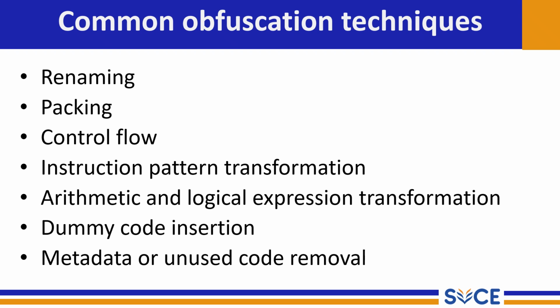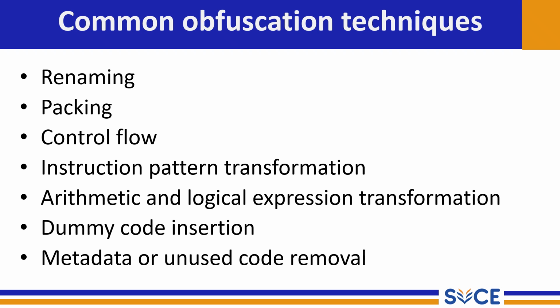Next, obfuscation in data security: data masking, tokenization, and encryption. In data masking, sensitive data is replaced with fake but structurally identical data. This is useful for testing or development environments where the real data isn't needed.